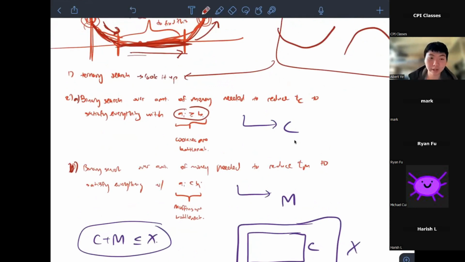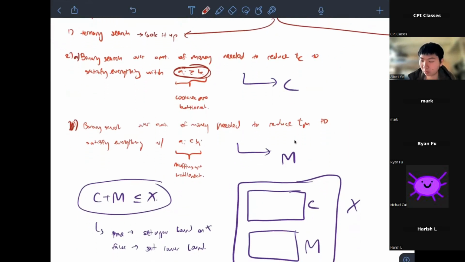So for our first pass, we want to binary search over the amount of money needed to reduce the time to make a cookie such that everything here is satisfied. And this would take a certain time C. And then we can do the same thing for all cases where muffins are better. And then we can use a time M.